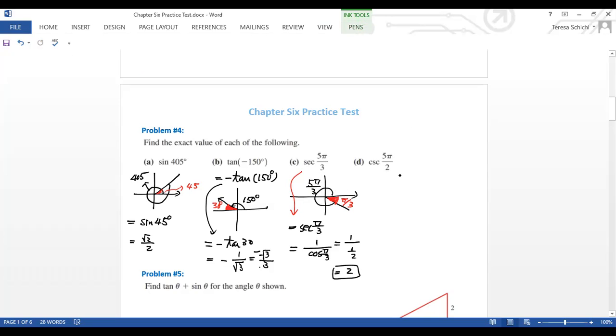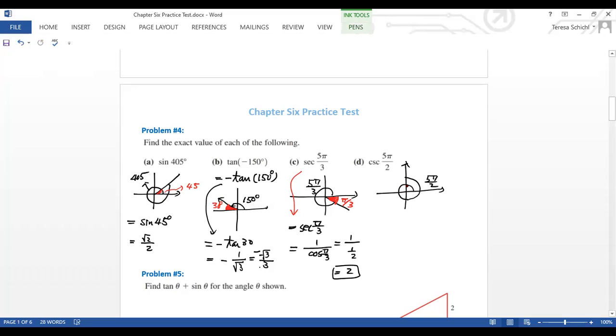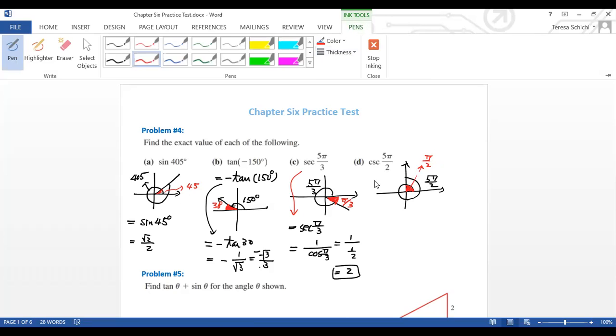Okay. Now let's take a look at cosecant of 5 pi over 2. It's the same thing here. For 5 pi over 2, the whole big circle is 2 pi. So the black angle starts here, and it's 5 pi over 2. So my reference angle is pi over 2.